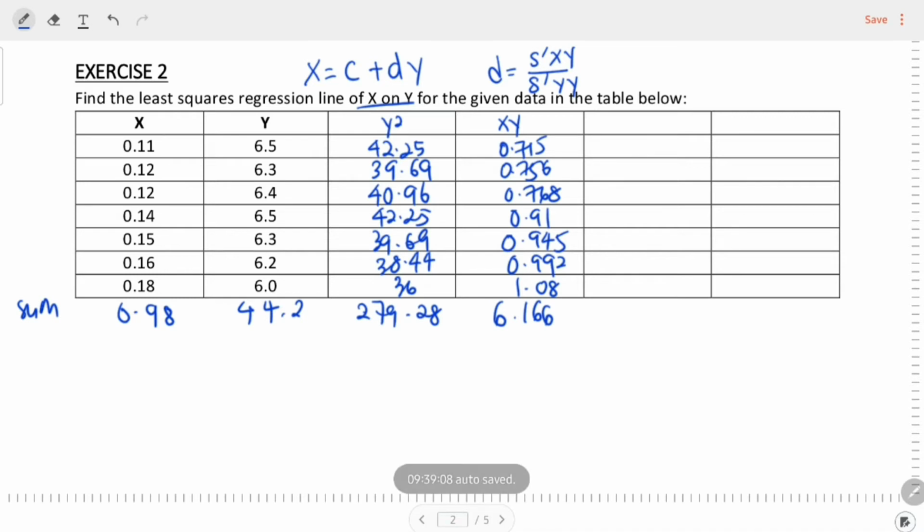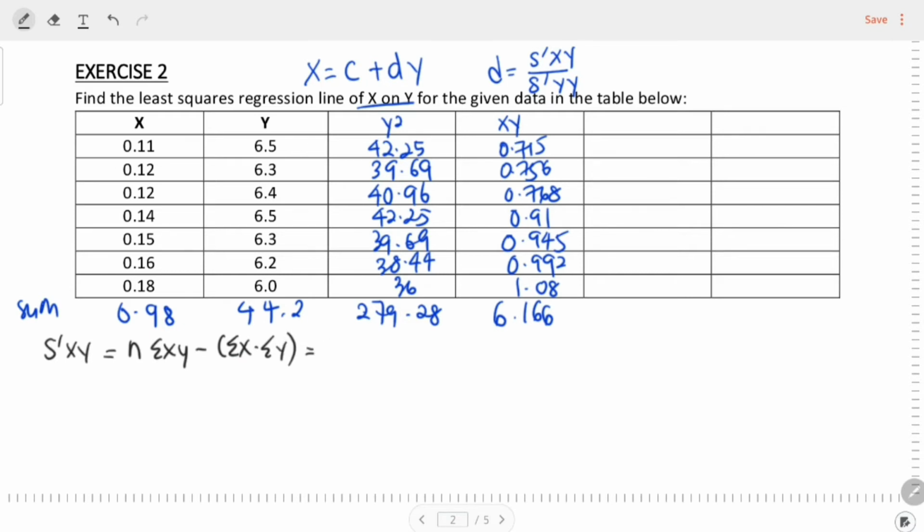The best is to leave it up to 3 decimal places. Next, to find your constant d, you need to find S'xy. So S'xy is again n sum of xy minus sum of x multiplied by sum of y.